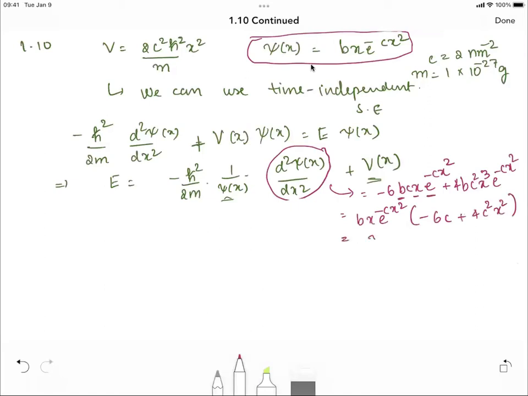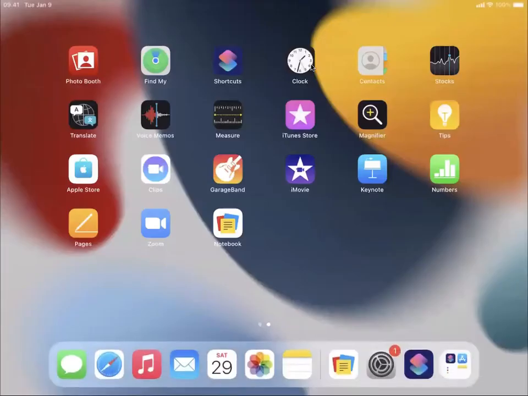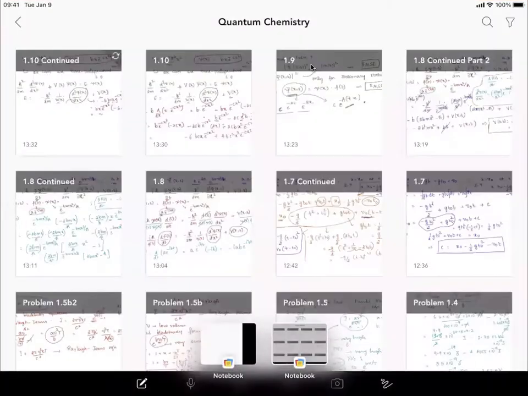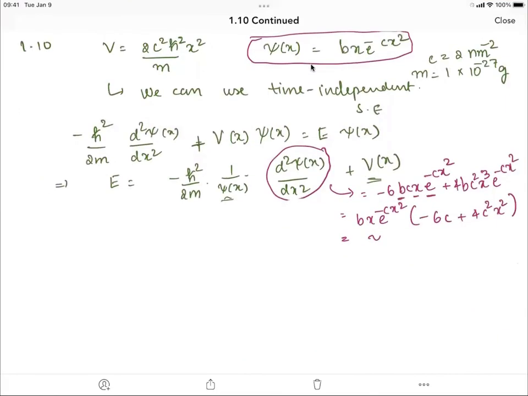And this term is nothing but psi of x times negative 6c plus 4c squared x squared.